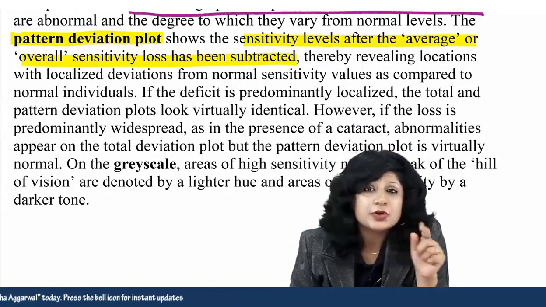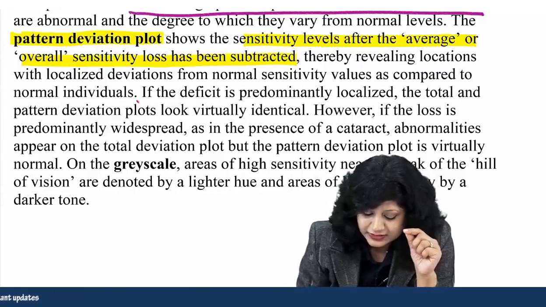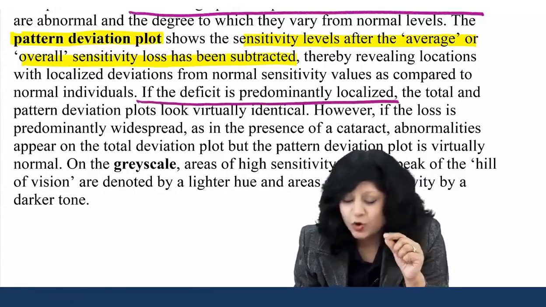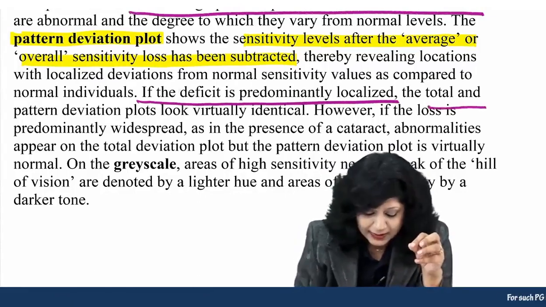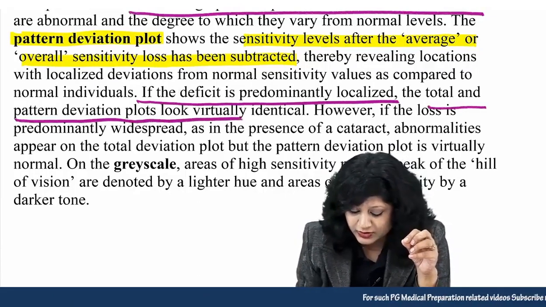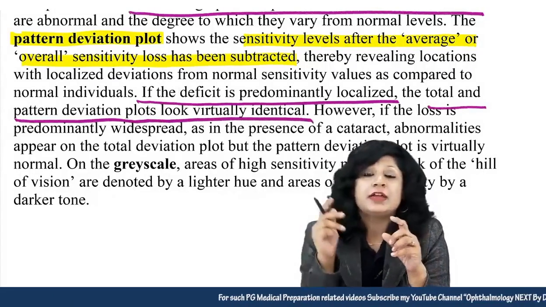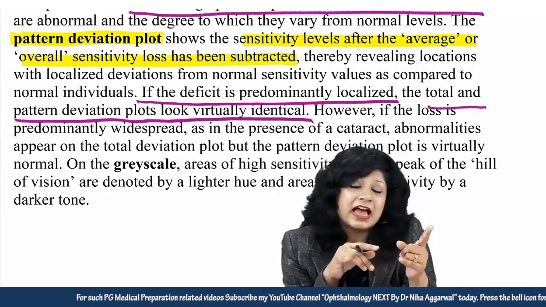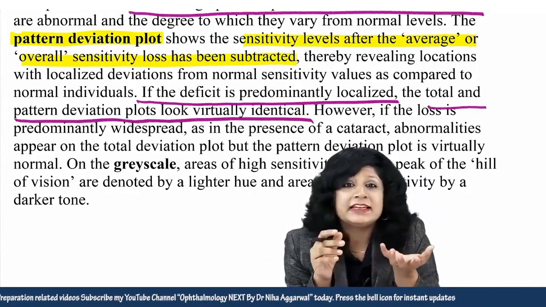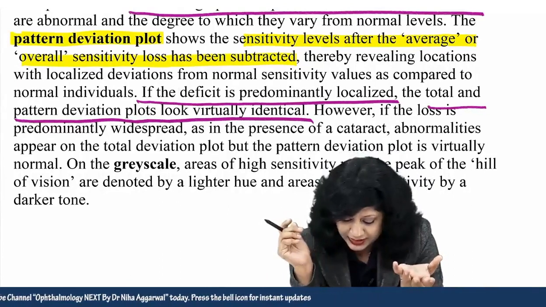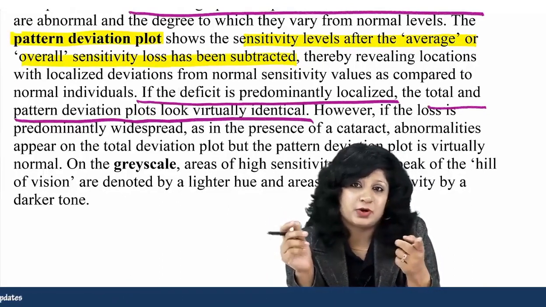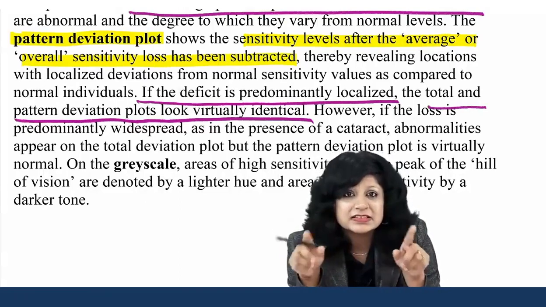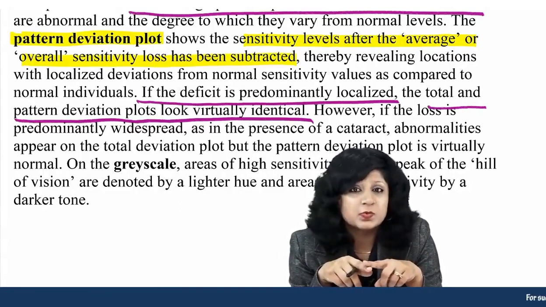Now suppose the deficit that you are getting is predominantly localized in one particular area, then the total and the pattern deviation plots look virtually identical. So if you are getting the total deviation plot as well as the pattern deviation plot looking identical, that means the visual field defect is localized in one area.